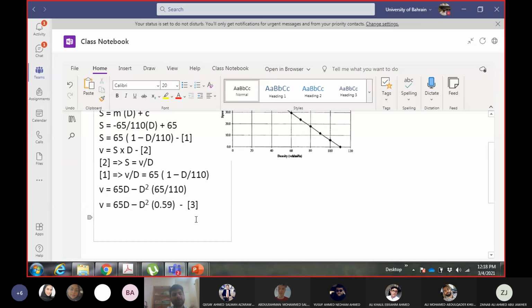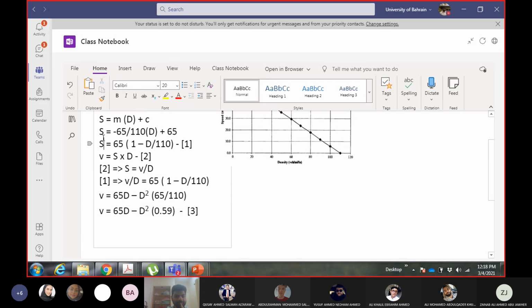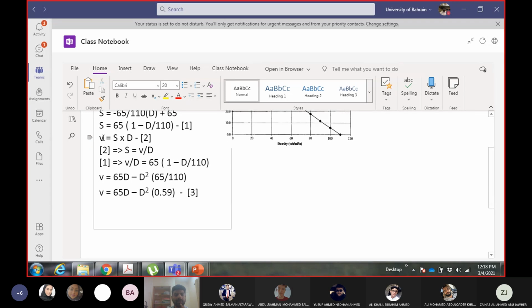Going back to equation 2 and equation 1, I have the equation between speed and density. I have the equation between flow and density. So now I need the equation between flow and speed. So I will again go back to equation 2, and from this equation I will put D in terms of V and S now.